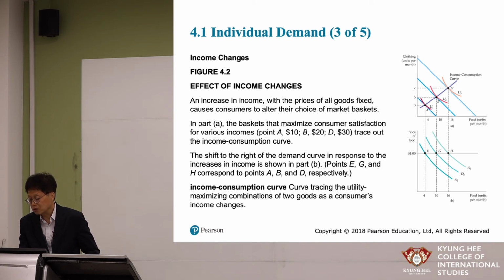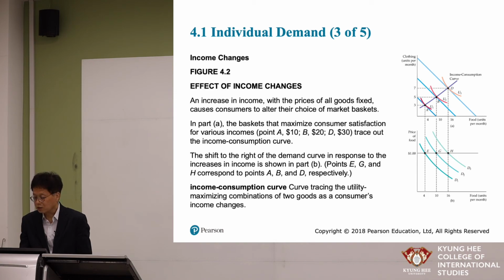But the slope of the budget constraint is the same, because only income changes. The price of food and price of clothing are the same. Anyway, at this new budget constraint, consumers have to solve the utility maximization problem again. And the solution happens at point B, where the MRS at U2 is equal to the slope of the new budget constraint, PC over PF. That happened at point B, isn't it?